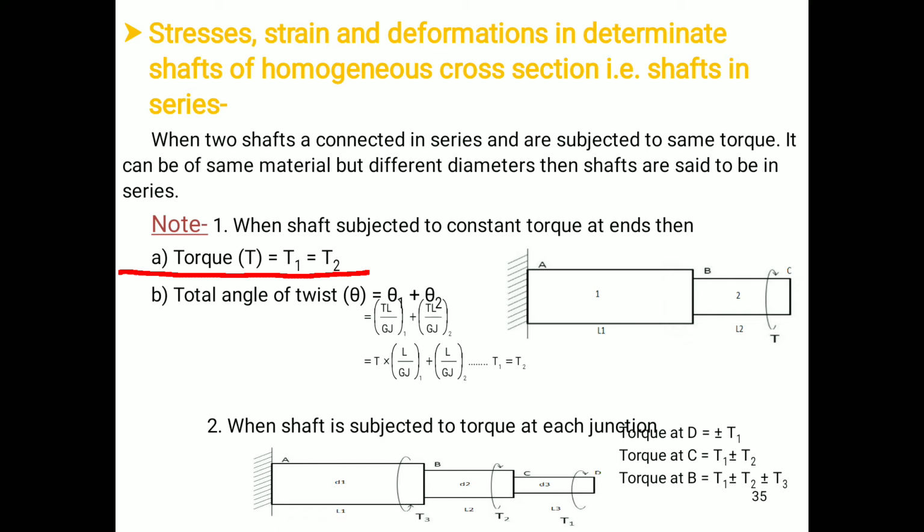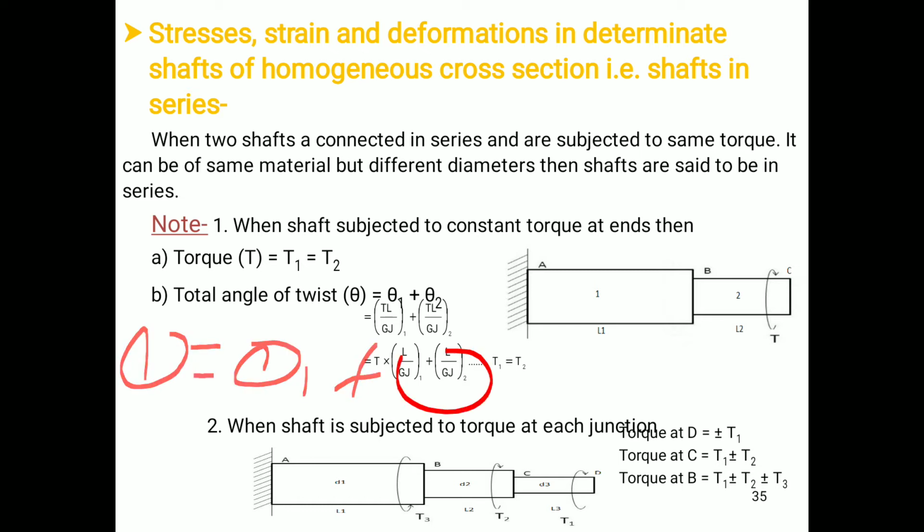This is the first equation we have to consider. And the second one is that the total angle of twist, theta, will be the sum of the angle of twist in the first material and the angle of twist in the second material, that is, the first shaft and the second shaft. So total theta will be theta 1 plus theta 2.